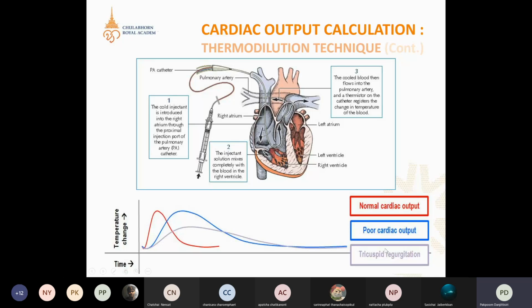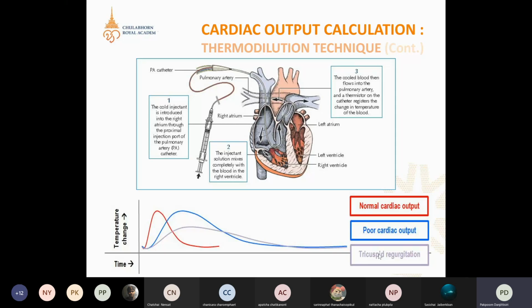Okay, let's see why tricuspid regurgitation patients cannot use this technique.